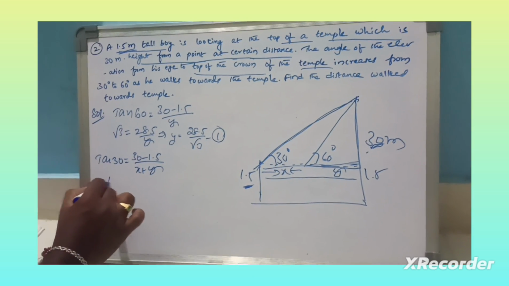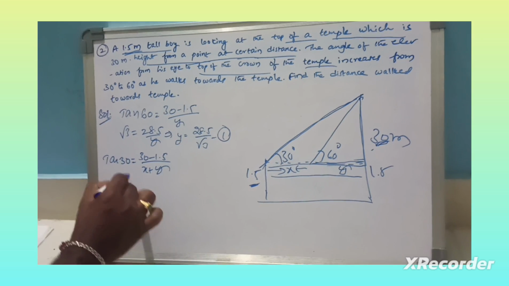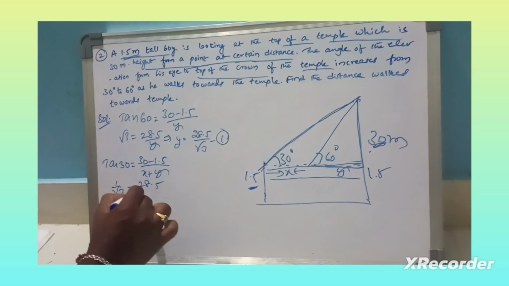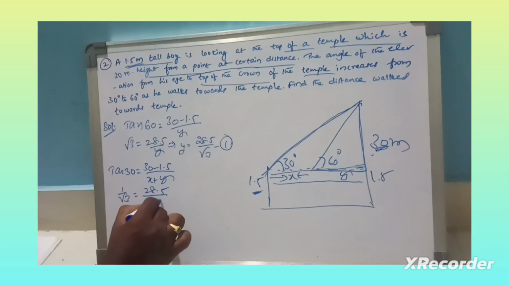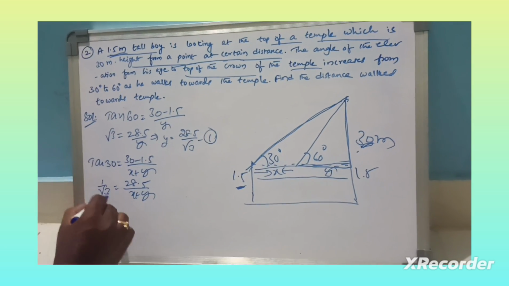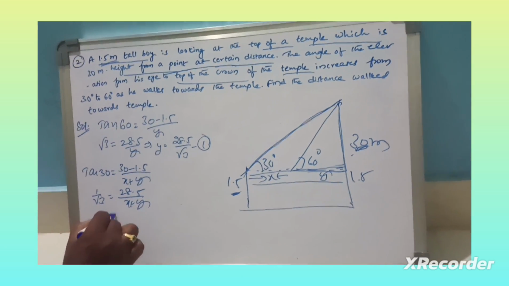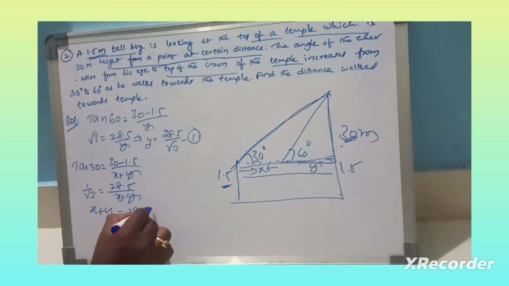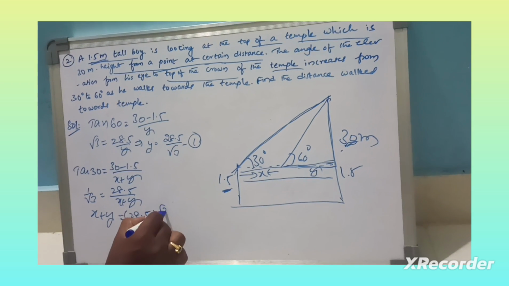Okay, again tan 30 equal to 1 by root 3 as we know already, you know right. So again 30 minus 1.5, 28.5, and then by x plus y as it is. Okay, now what happens, x plus y will be 28.5 into root 3, right?